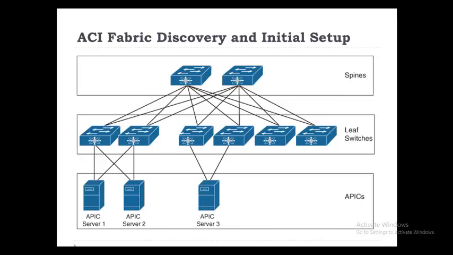All these devices can be discovered like this. This will discover this device and this device. After which it will discover this device and this device. And this device will discover this device, this device, this device, and this device through redundant connection.